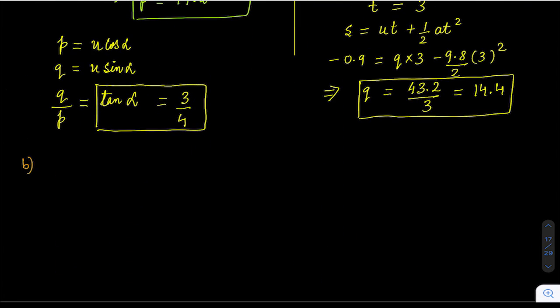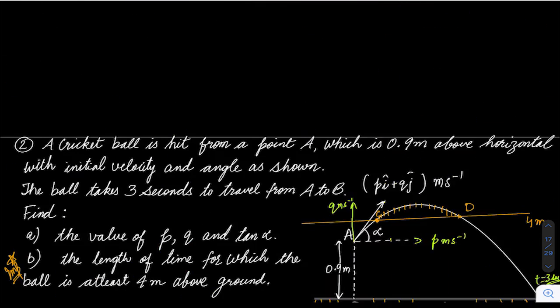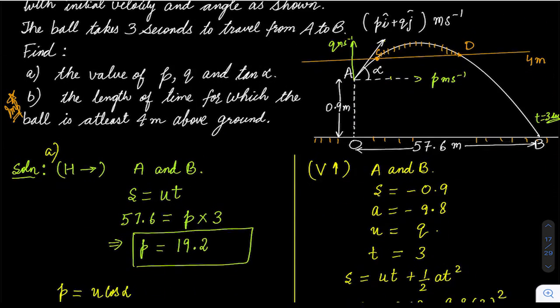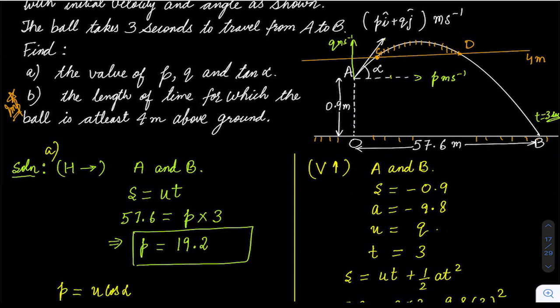So for my second part, now what will I do is my vertical displacement. Now what most of the students will do here is they will say, okay, my vertical displacement is 4, which will be completely wrong. Because now you are projecting a particle from a height.